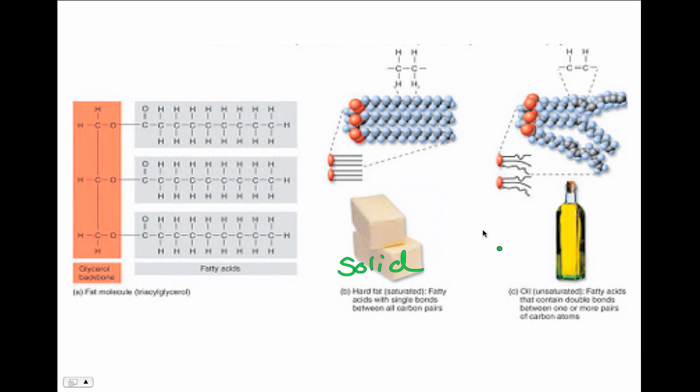And an unsaturated fat is like taking all of those sheets of paper and crumpling them up and trying to fit them in the same place. Well, it's impossible. These kinks cause the unsaturated fat molecules to flow more over each other and to not stack as tightly. So that way the unsaturated fat is liquid at room temperature.